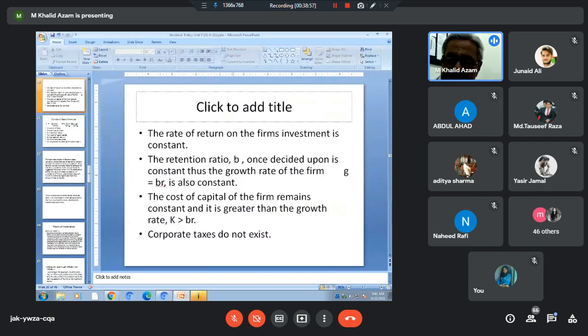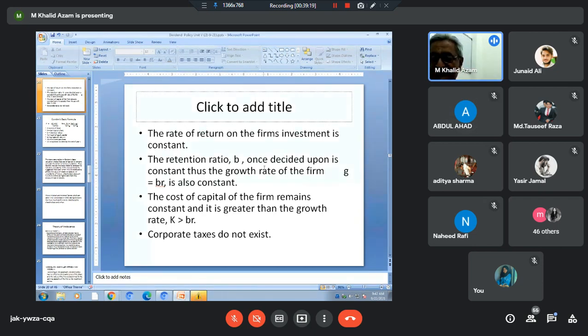That is the retention. In case of this 100 rupees earning, 40% you have paid, so 60 rupees is with the company. So your return will be calculated on the retention.